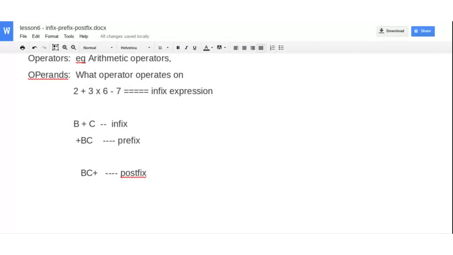Prefix is when you write the operator to the left of its operands, and postfix is when you write the operator to the right of its operands. So you can use left, right, or front and behind to explain the difference between the various formats: infix, prefix, postfix.